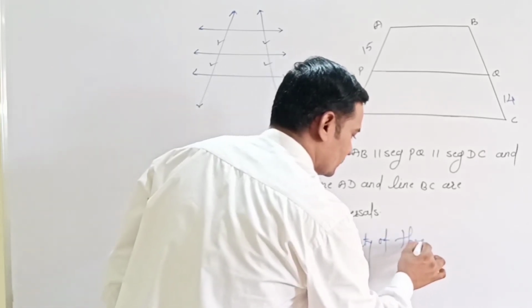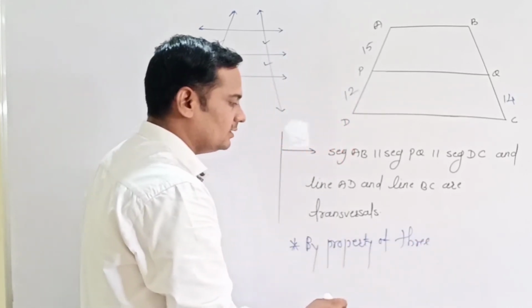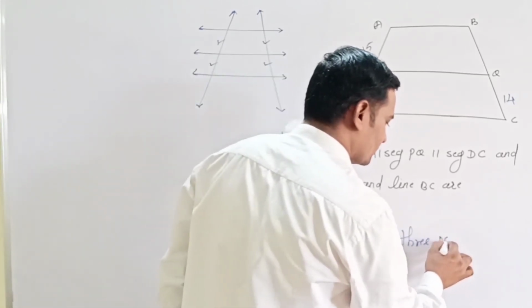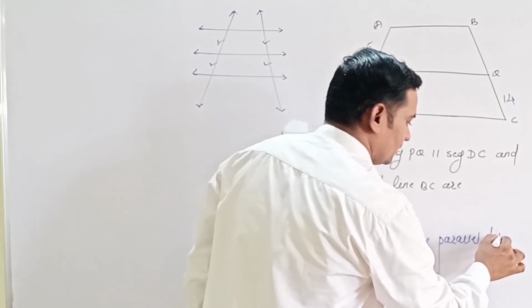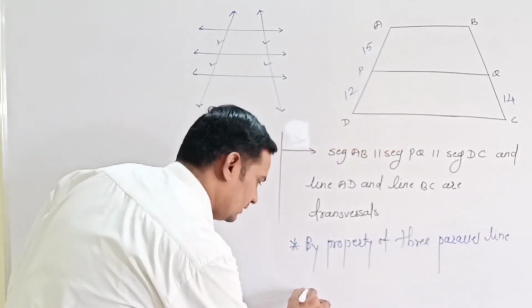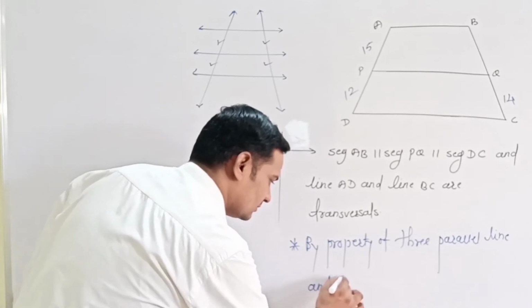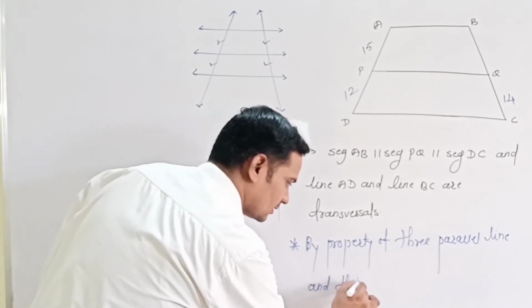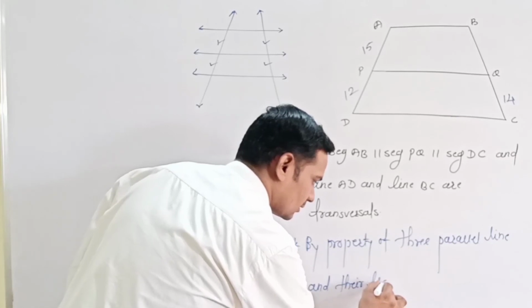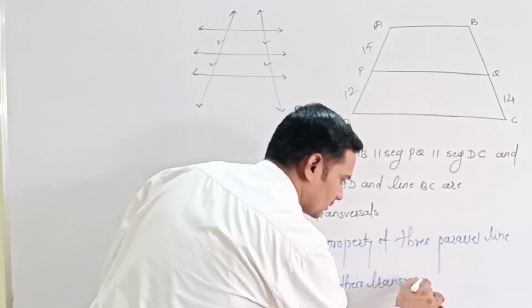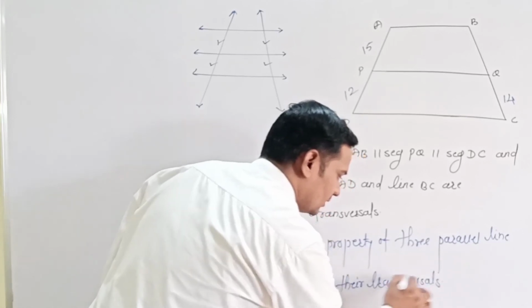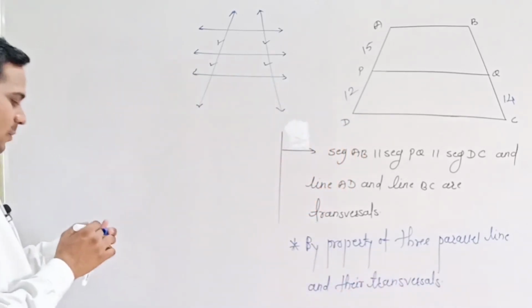Therefore, by the property of three parallel lines and their transversal. Now what is that property?